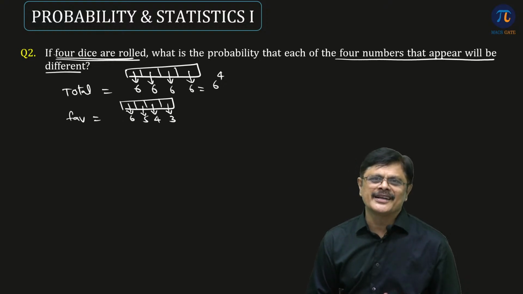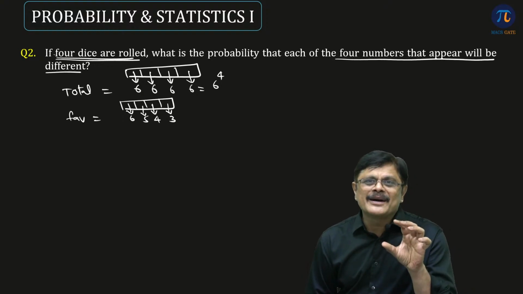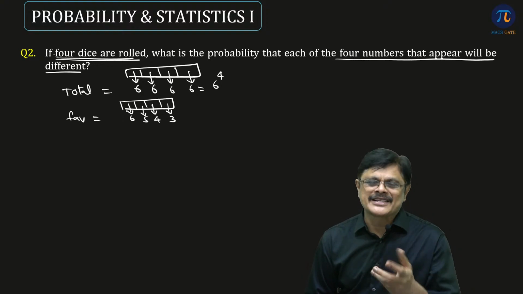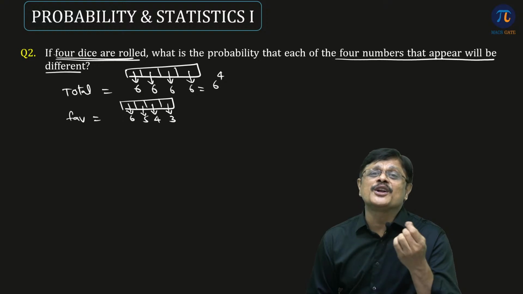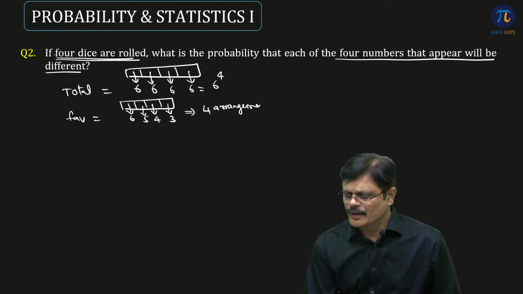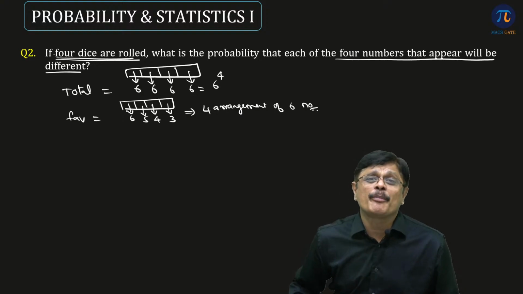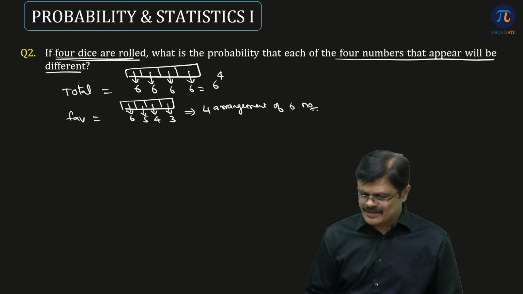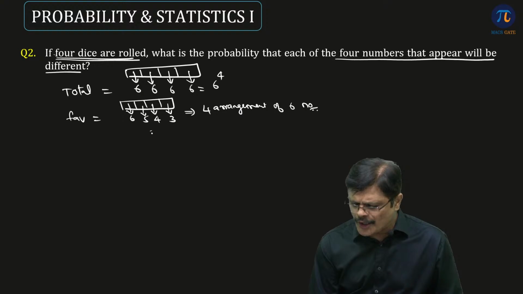It is nothing but filling 6 numbers in 4 places, or making 4 arrangements of 6 numbers. It is exactly the same as 4 permutation of 6 numbers. So either you can do it this way or you can do it like 6P4.